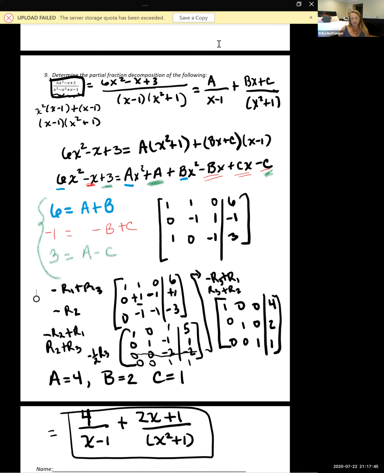We looked at sequences and series, arithmetic and geometric sequences and series. We looked at systems of equations, systems of nonlinear equations and graphing. We looked at matrices, and we just looked at partial fraction decomposition. And if I'm not mistaken, I think that is everything since that last exam.